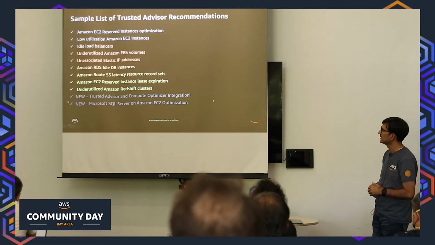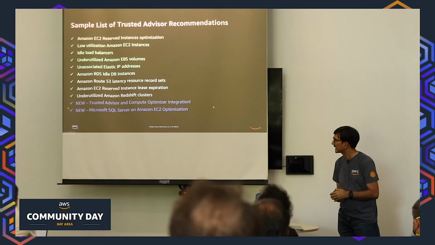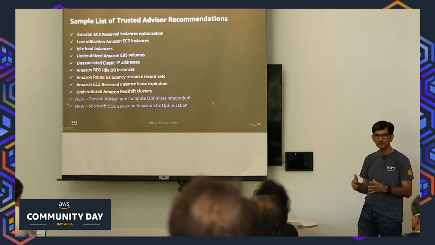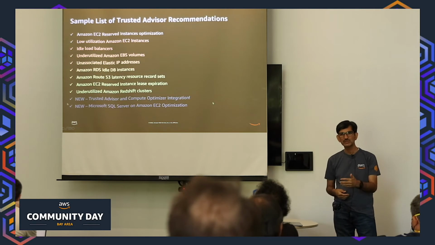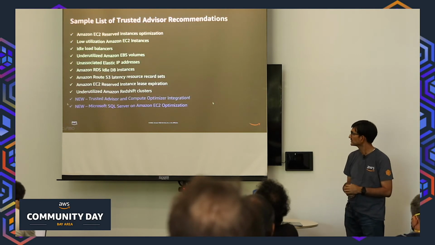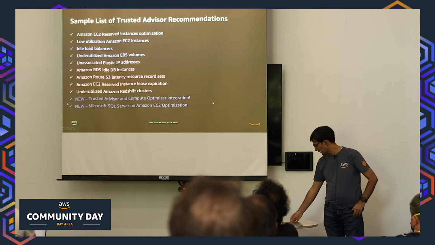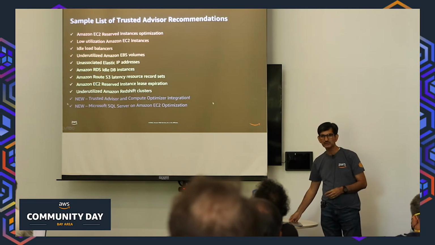Some of these are newly added around Compute Optimizer integration. So Compute Optimizer related recommendations you can now find in Trusted Advisor, as well as for SQL Server on EC2. There are certain recommendations now added.